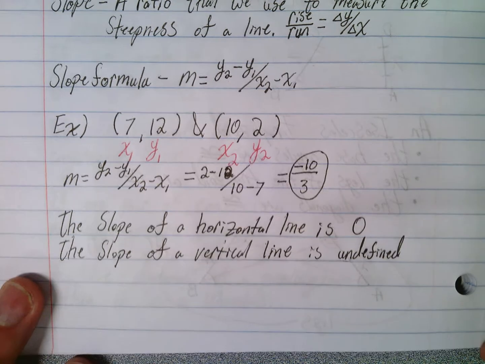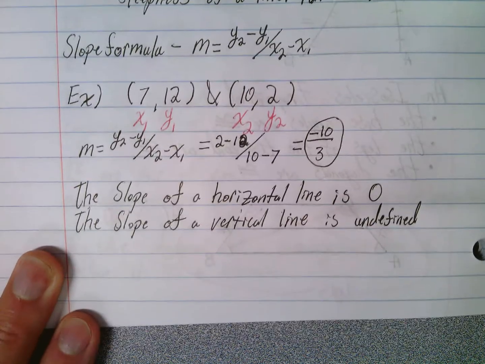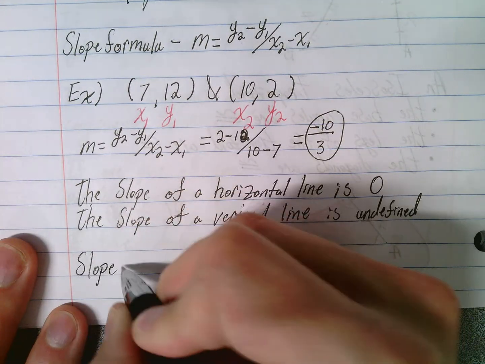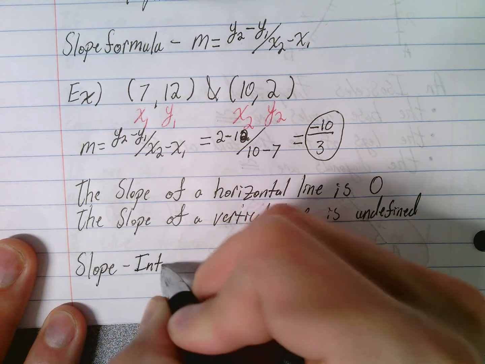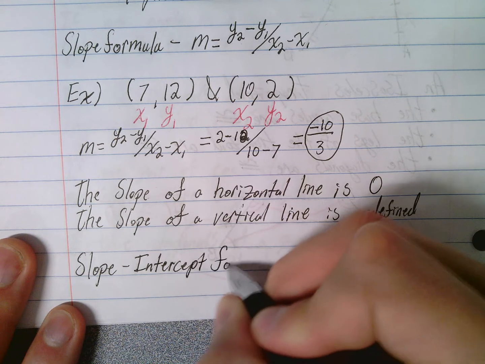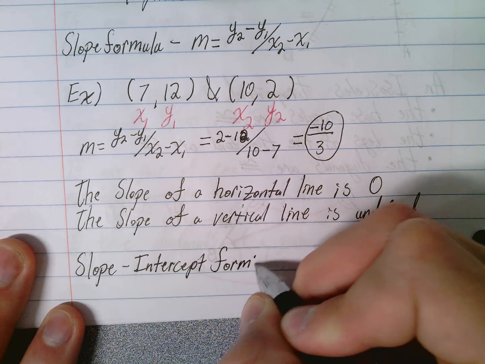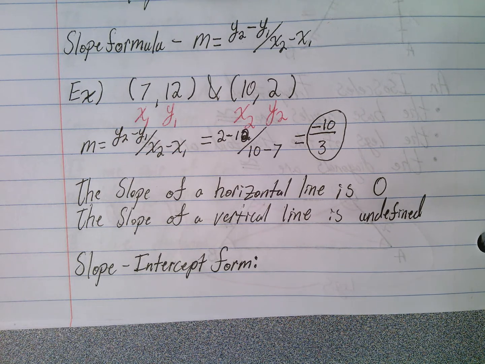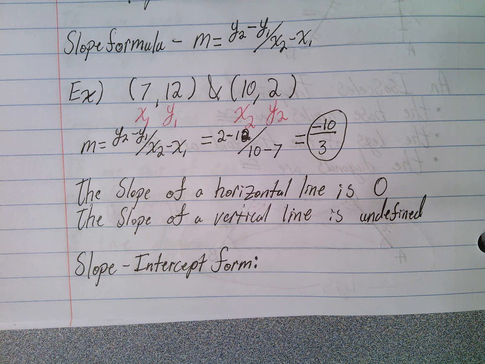Cool. Let's see. What else do we need to know? Let's talk about, real quick, that's good for slope. Let's talk about slope-intercept form. All right, show of hands here. Who remembers what slope-intercept form is? This is one that was probably just drilled into you in Algebra A. Good deal. Got a couple good hands here. Okay.